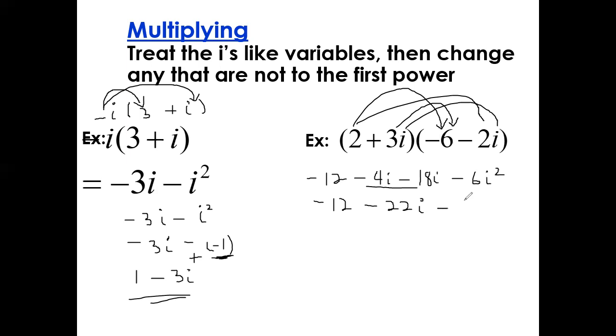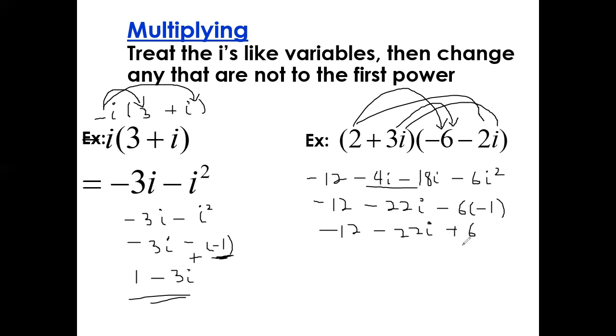Then we have -6 times -1, so this will give us -12 minus 22i plus 6. Good.